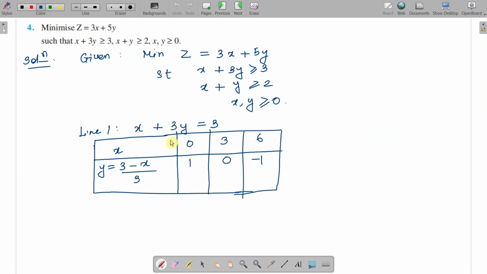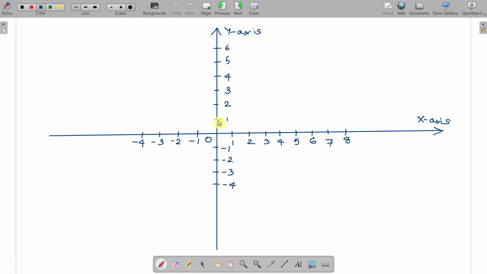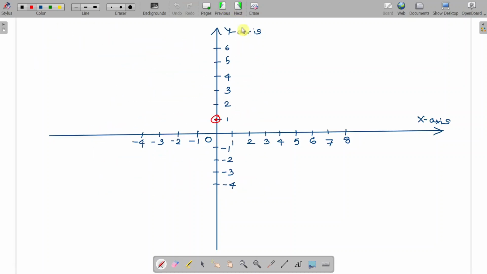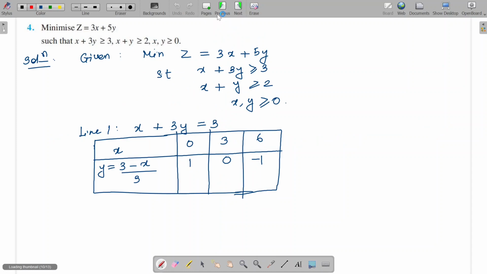So the first point of the first line is 0, 1. Then we have 3, 0, and then 6, minus 1.